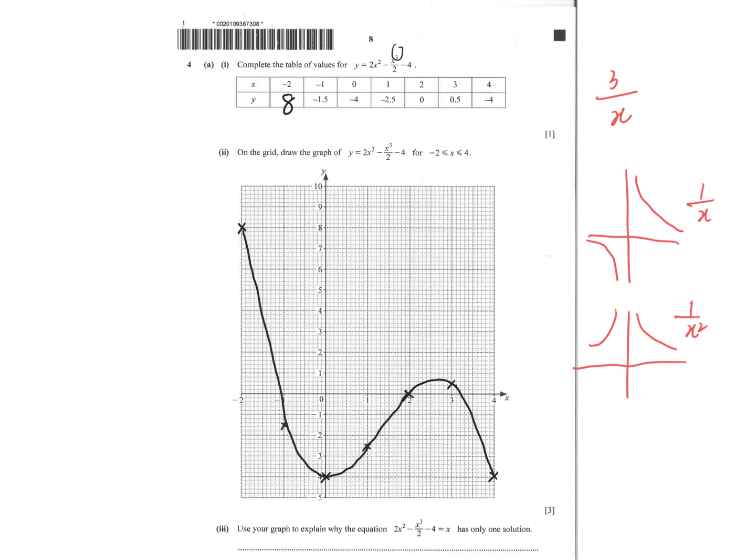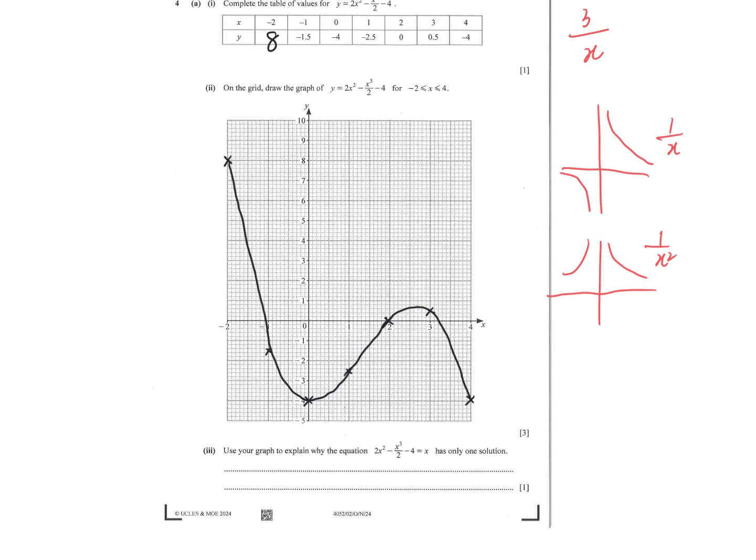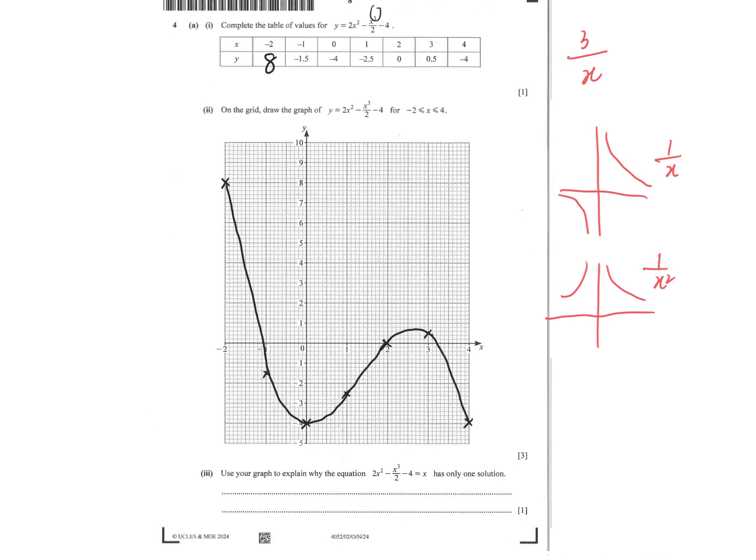Okay, next. Use your graph. Explain why it has only one solution. Okay, look at this. Can you look at the left-hand side of the graph? Okay, pay attention. Look at the left-hand side of your graph. So actually, they want your curve to intersect y equals to x.